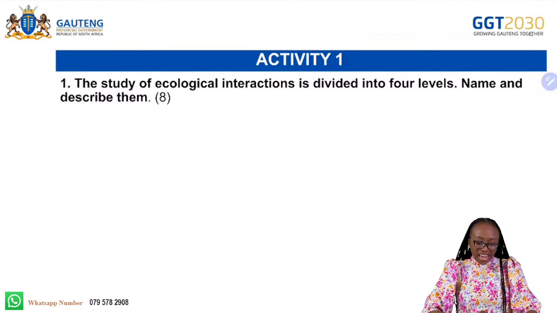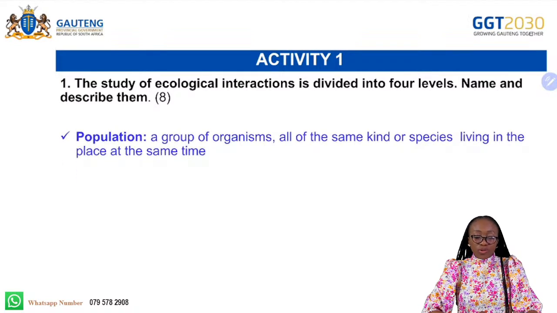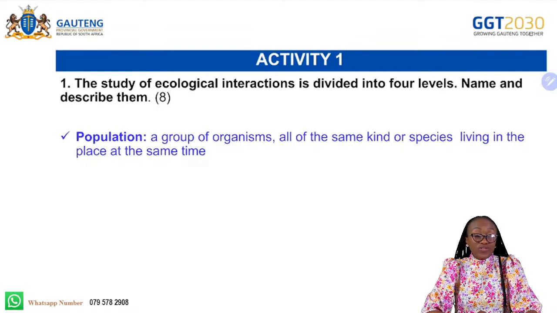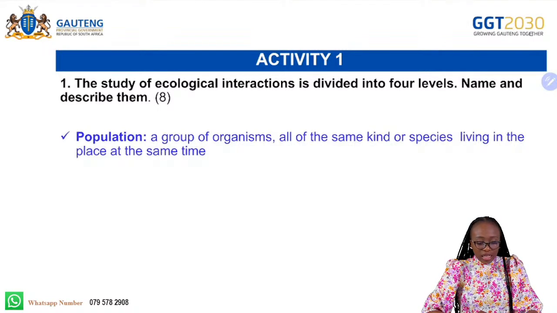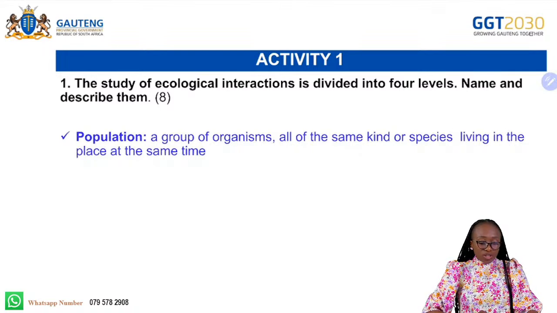Welcome back, grade 8. So let's revise together. The study of ecological interactions is divided into 4 levels. Name and describe them. The first level is population. This is a group of organisms that are all of the same kind or species living together in the same place at the same time.